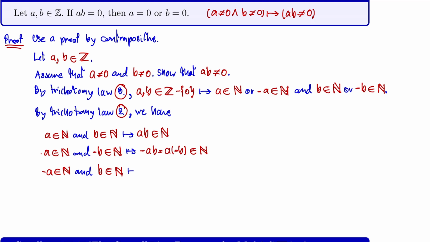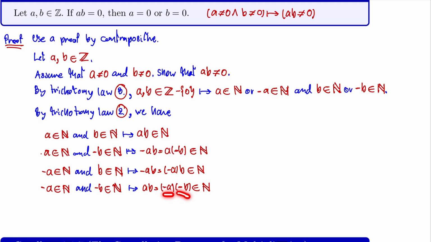In this case, we have minus ab equals minus a times b, which is a positive integer. And the last case: minus a is a positive integer and minus b is a positive integer. If a and b are negative integers, we have ab equals minus a times minus b, and by the trichotomy law, the product of two positive integers is a positive integer.